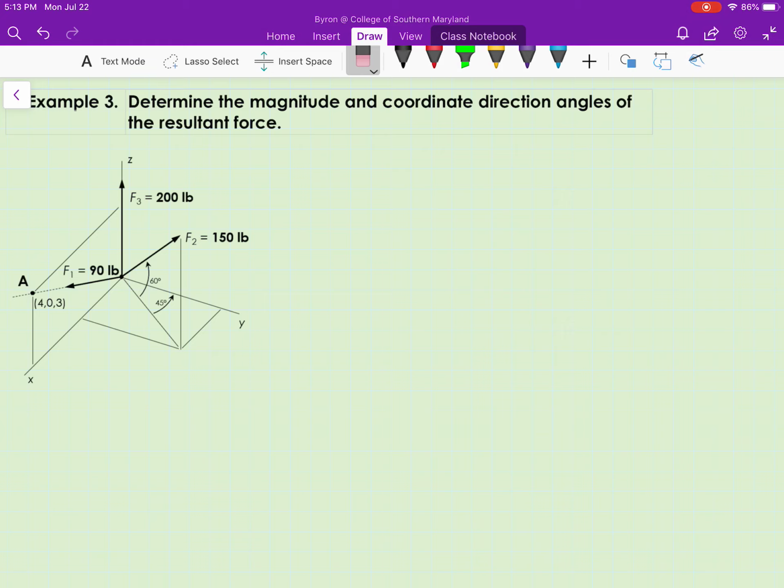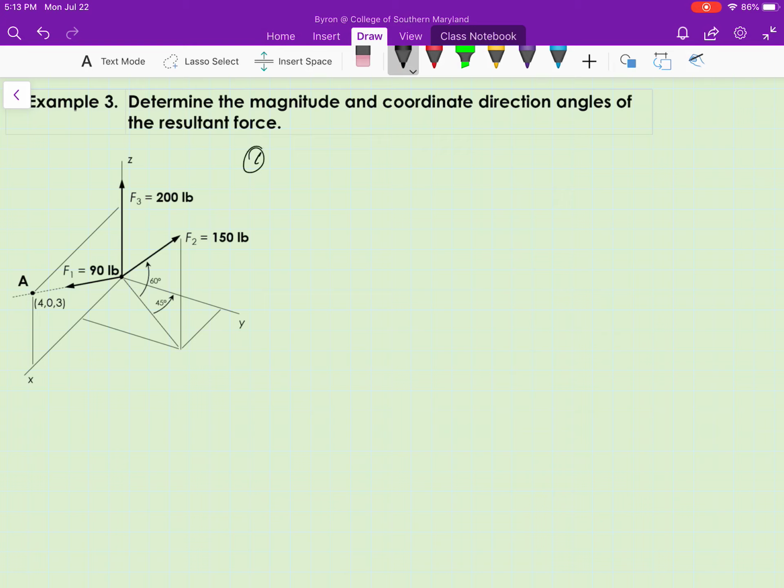The second step being to add those forces that are now in Cartesian form together to find the resultant force in Cartesian form. And then the third step is to calculate the magnitude and direction of the resultant force from the Cartesian form of the resultant force.